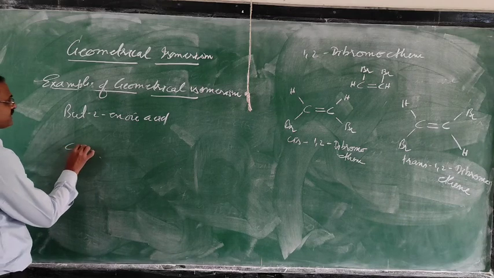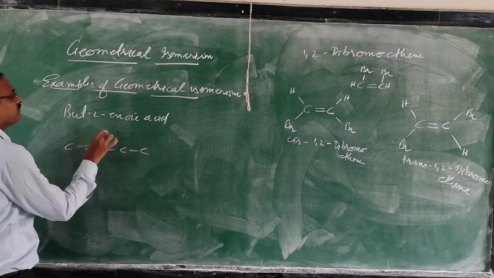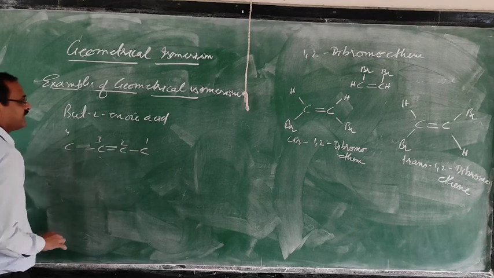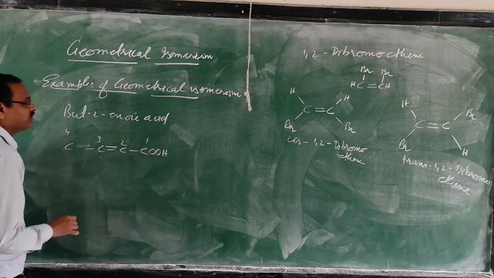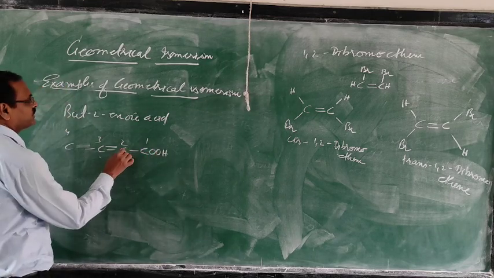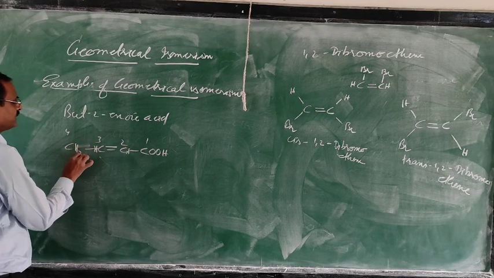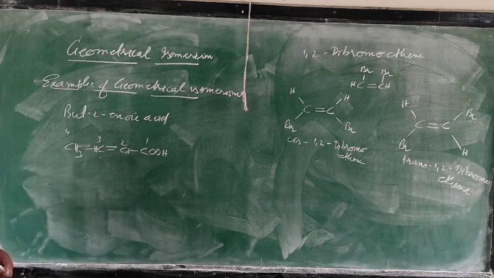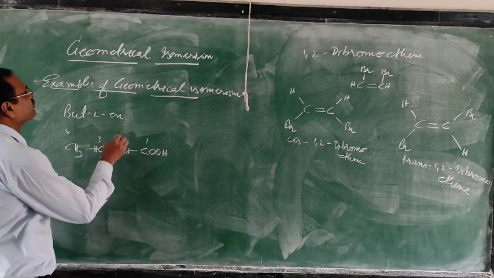So the structure of this one is 4 carbons, 1, 2, 3, 4. But-2-ene, second carbon double bond, first carboxylic group. Now you can put the hydrogen atoms here. So but-2-ene, not oic.